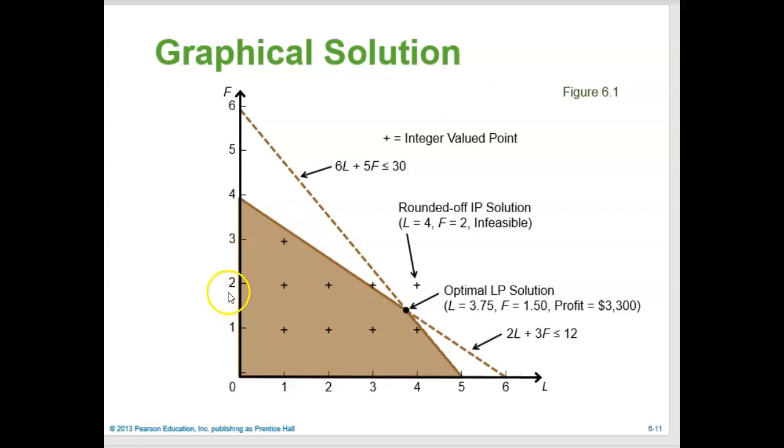So here we've chosen to put F on the y-axis and L on the x-axis. And if you remember from chapter 2, the way we get the graphical solution is we start with the constraints first. So we draw the lines for each of the constraints on our graph and then identify the feasible region.